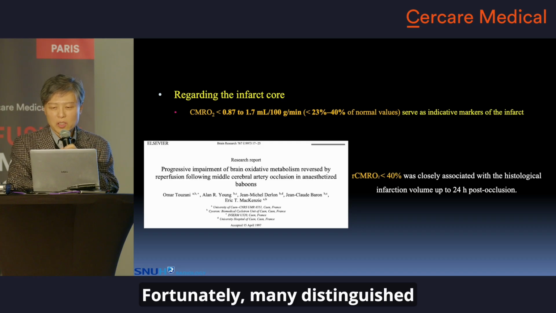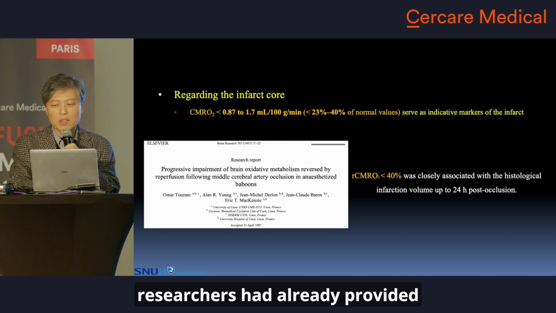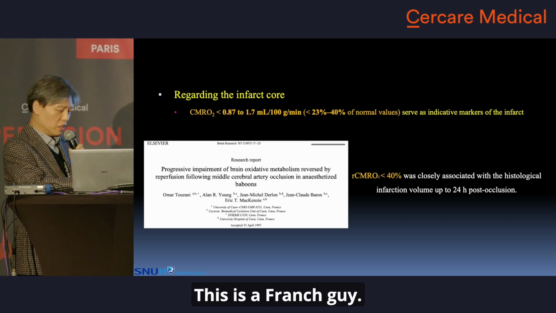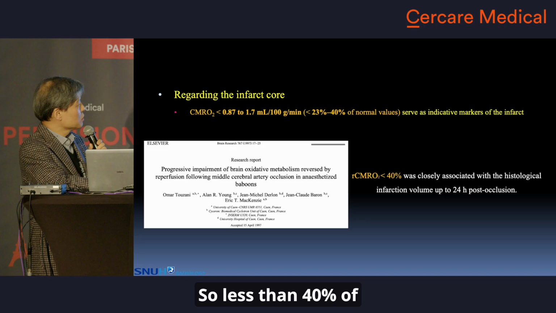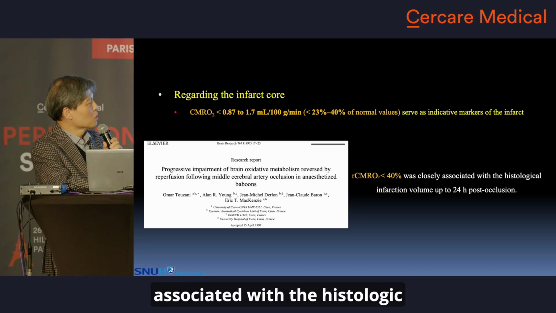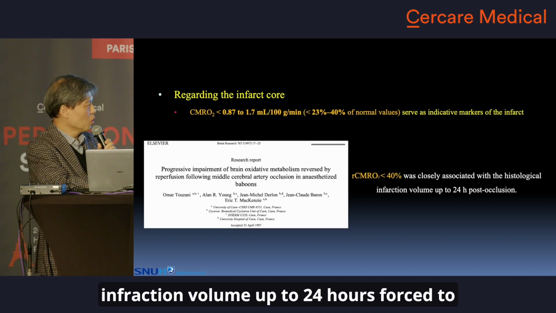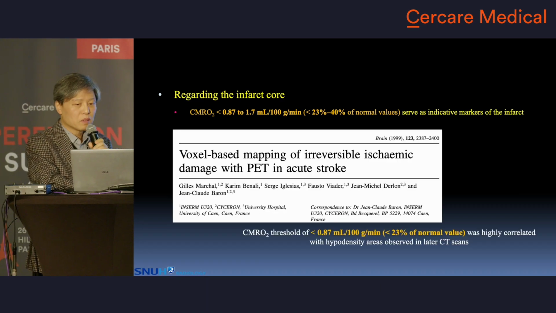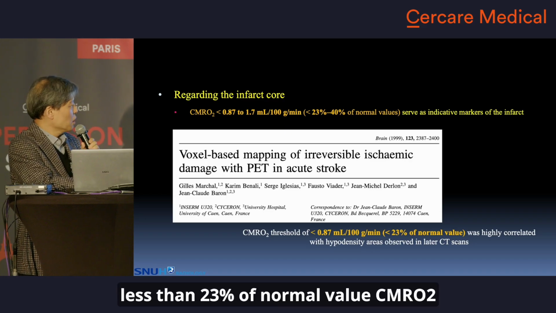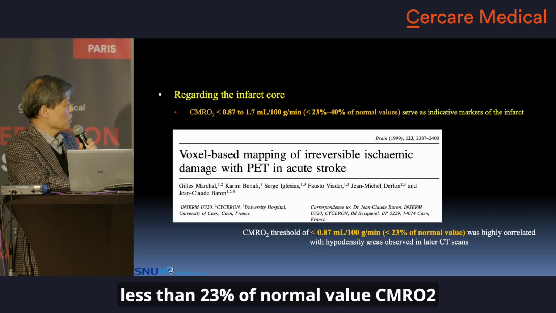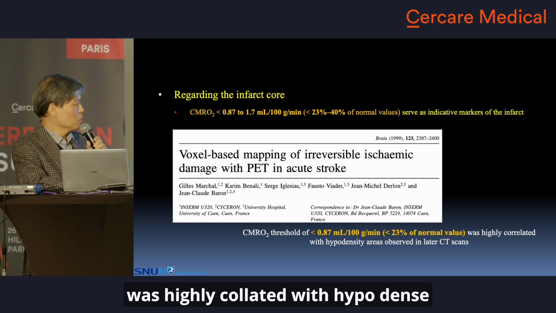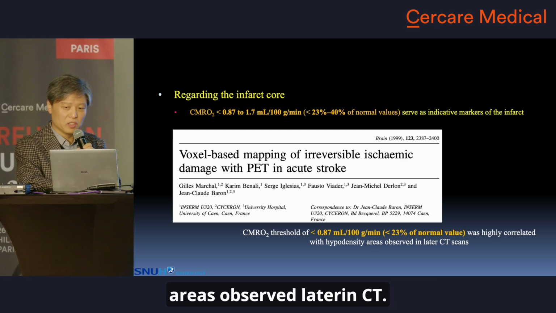Fortunately, many distinguished researchers had already provided valuable insight in this area. This is a French researcher. Less than 40% CMRO₂ was closely associated with the histologic infarction volume up to 24 hours post-occlusion. In other words, less than 23% of normal value CMRO₂ was highly correlated with hypodense areas observed on later CT.